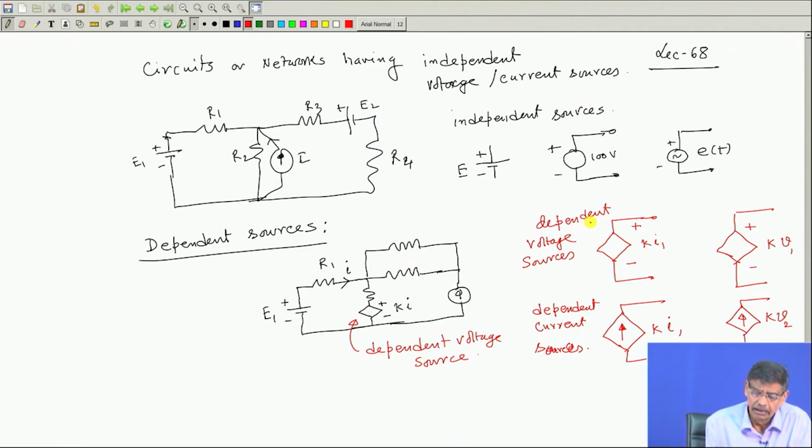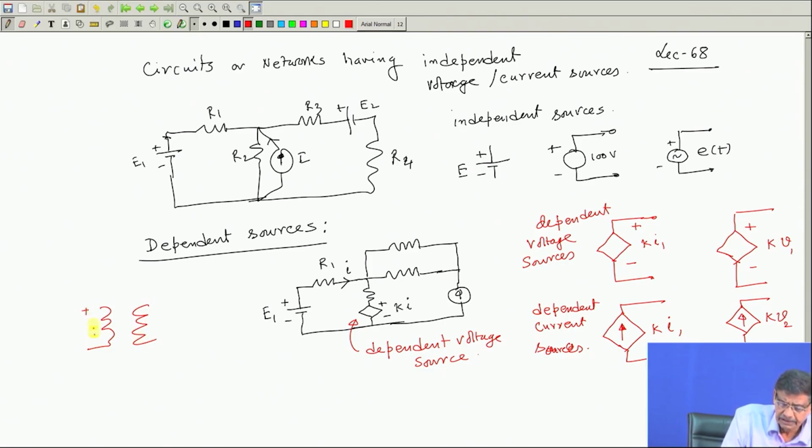Now, why are we interested to know how to solve circuits having both independent and dependent sources? What is the reason for that? The reason is there are situations, for example, in a mutually coupled coil circuit.